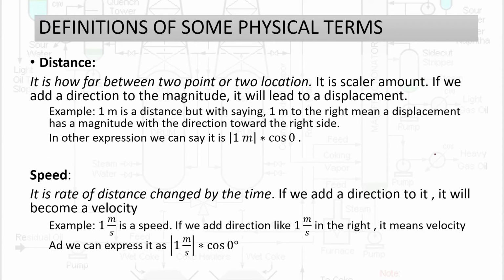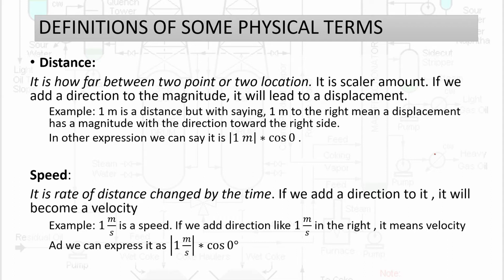Right, now we go to the distance definitions. Distance, simply, it is how far between 2 points or 2 locations. Simple. It is a scalar amount, but if we add a direction to this magnitude of this value, it will give us a new terminology. We call it displacement.